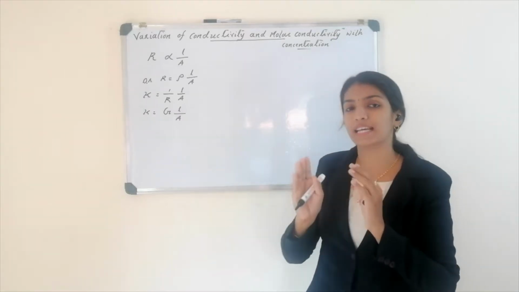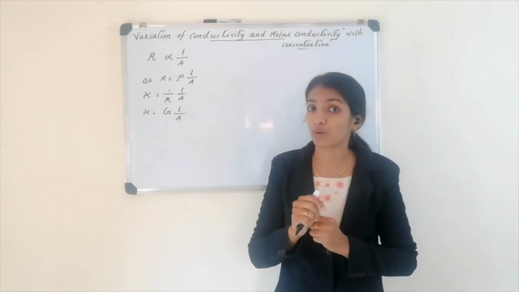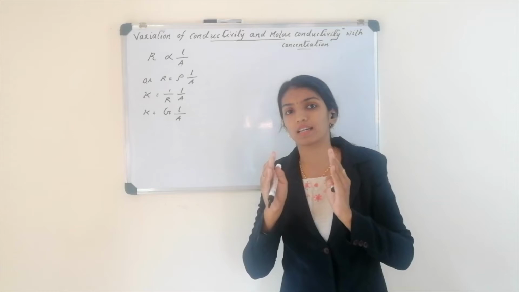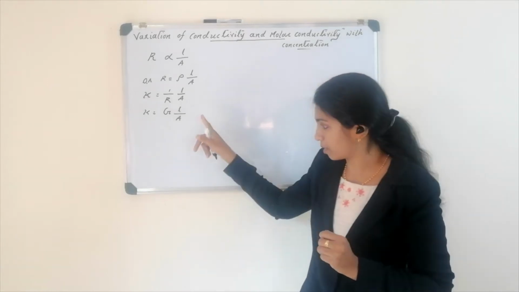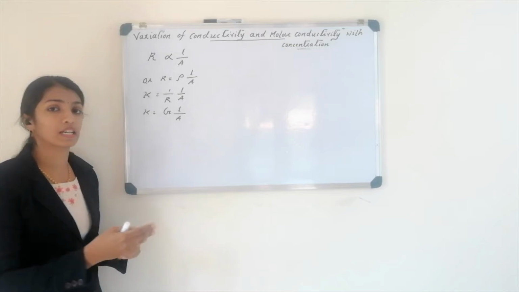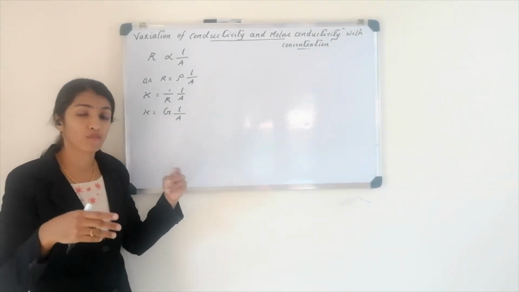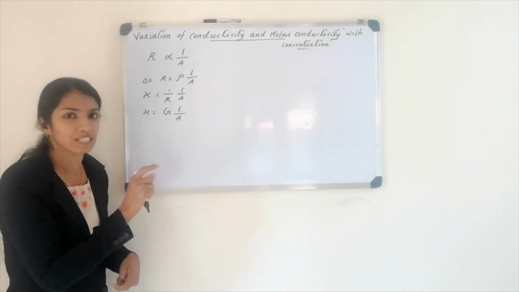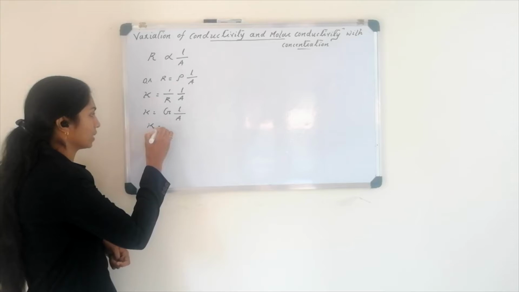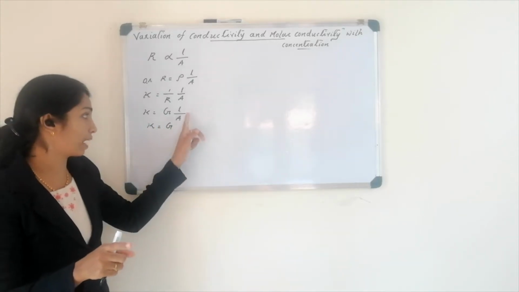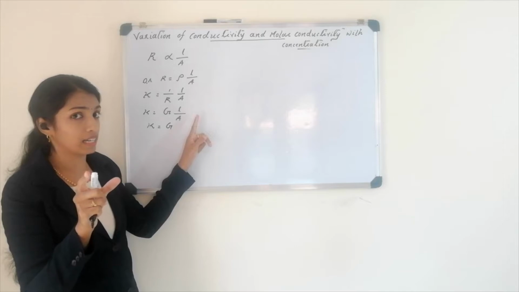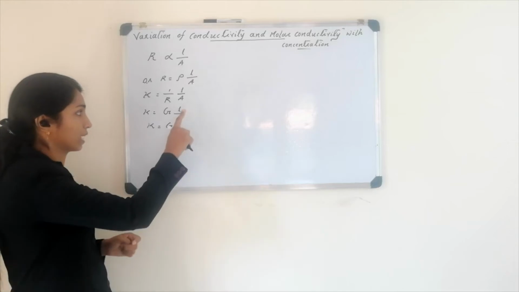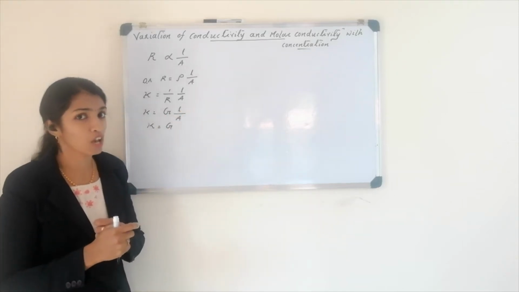Then if we fix the length between the electrodes as unity, and the area of cross section as unity, that means if L is 1 centimeter or 1 meter and A is 1 centimeter square or 1 meter square, we can write kappa is equal to what? G. That means conductivity is equal to conductance when the length between the platinum electrodes in the conductivity cell is 1 and the area of cross section is 1.